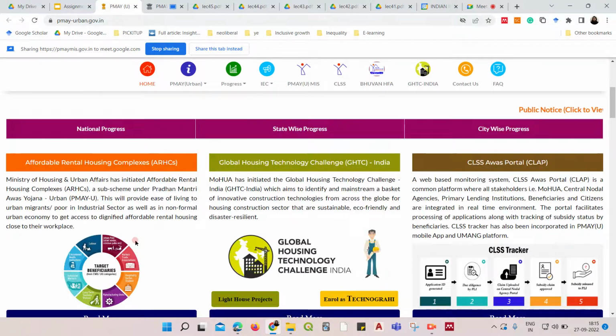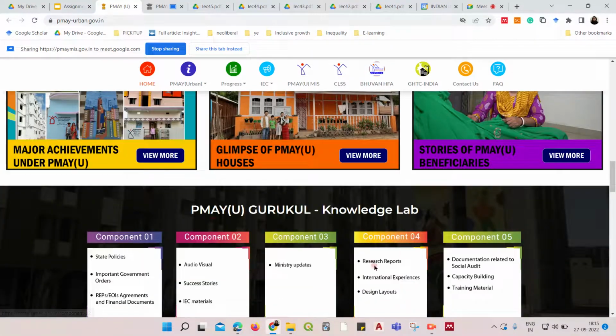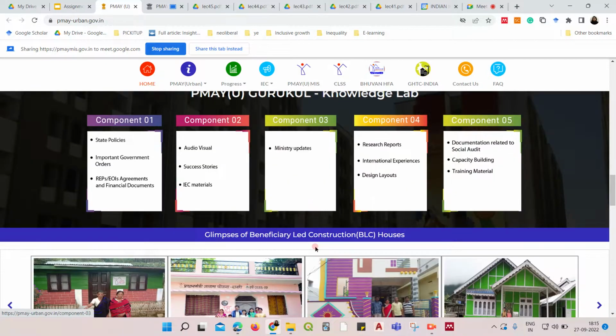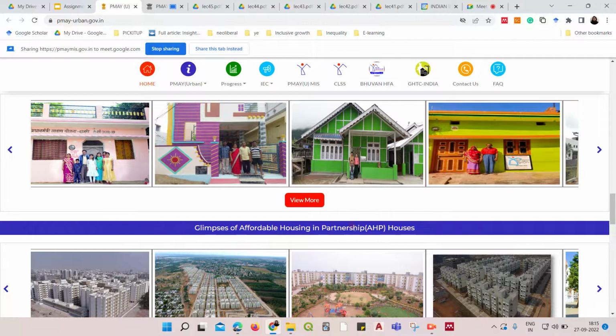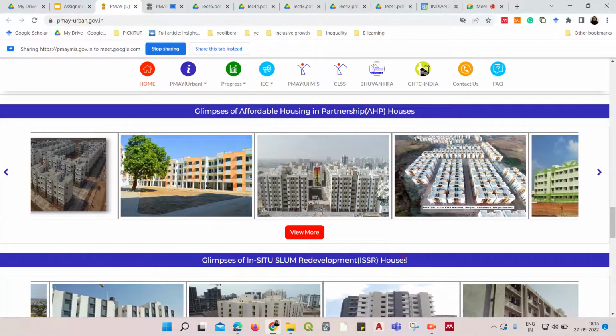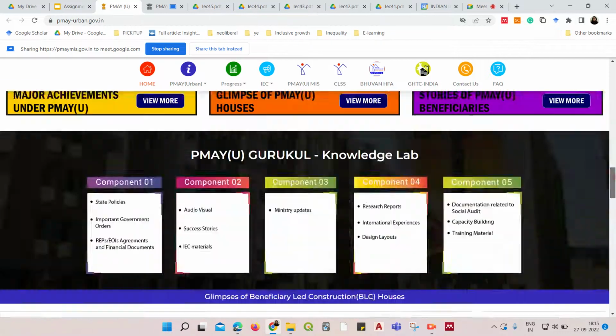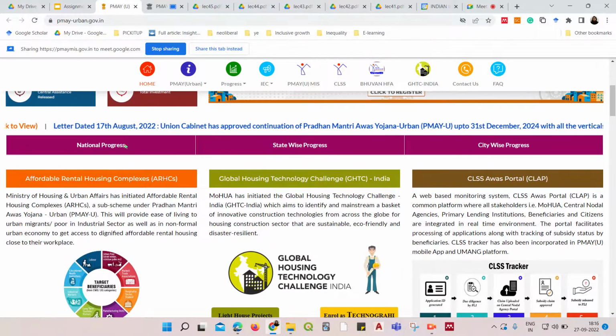See this website, which is PMAY-U Urban. In here also you see details of several different programs. For example, this is the affordable housing partnership, then this is in-situ slum redevelopment. If you go into the detail, here also you can get the details of all the different programs.